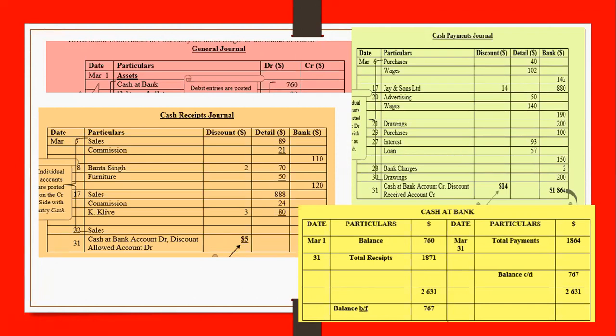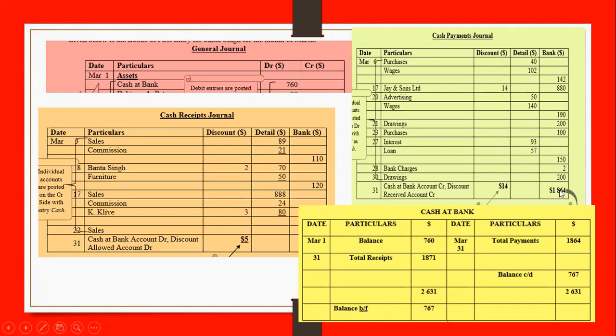So let's go to the credit side. Date column, March 31st. Look at my cursor. March 31st. My entry, class, will be total payments. Why? Because this is the total for the cash payments journal. Total payments, and my figure, 1864.